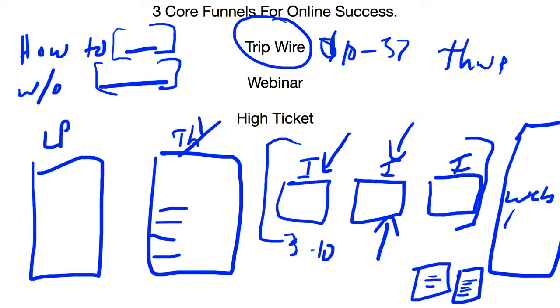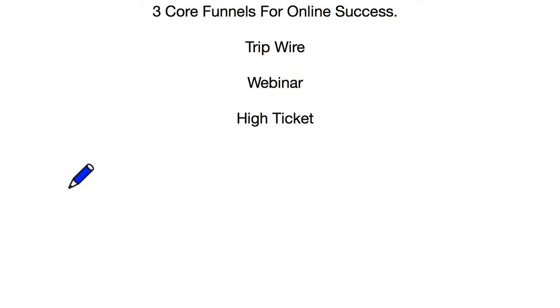So that's a webinar. And then lastly, let's do the 30,000 foot overview of high ticket. High ticket's a little bit different. With high ticket, you're always going to go to an application. To give you an idea of the price points: a tripwire is, I'd say, 47, maybe as high as 97, depending on what you're giving away.